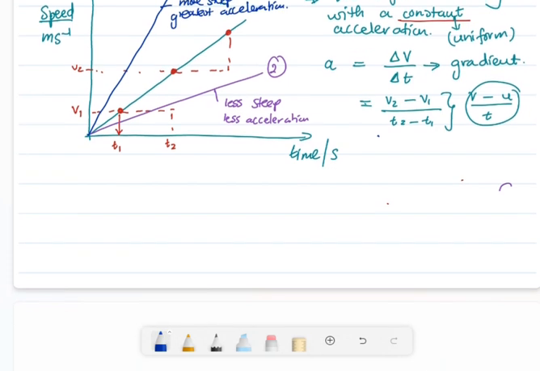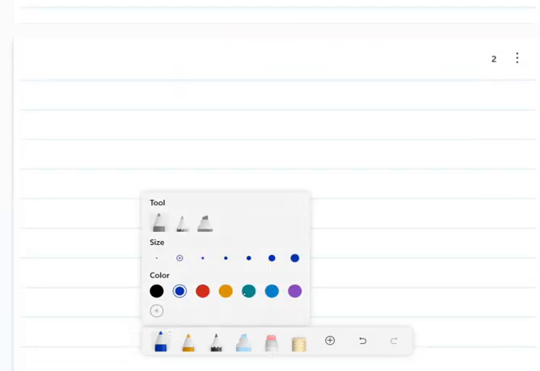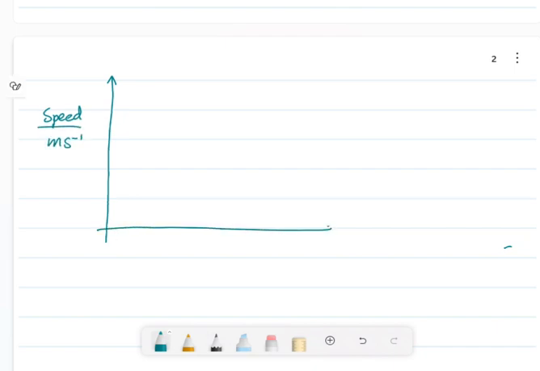And then if it happens that I have a line like this one, I'll draw another one because we have different scenarios. This is speed in meters per second, and then I have time in seconds.